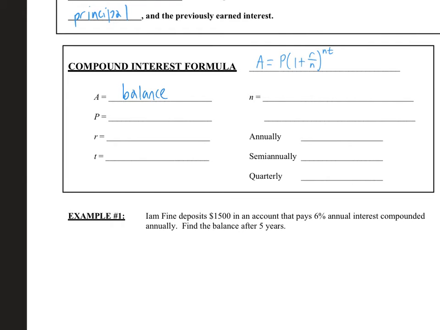Okay, so let's fill in what we know about what this means. A is our balance. P is our principal, and what principal means is your initial investment. R is our annual rate. And you want to write it as a decimal.